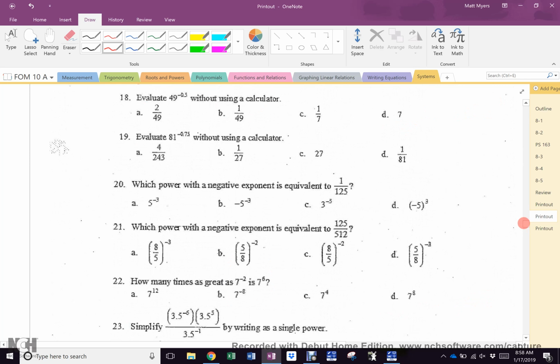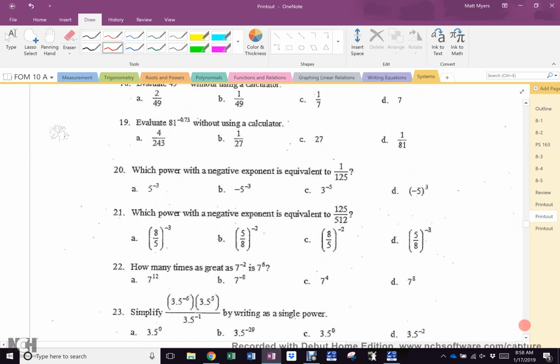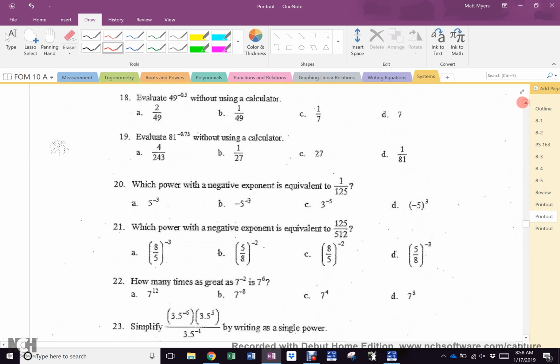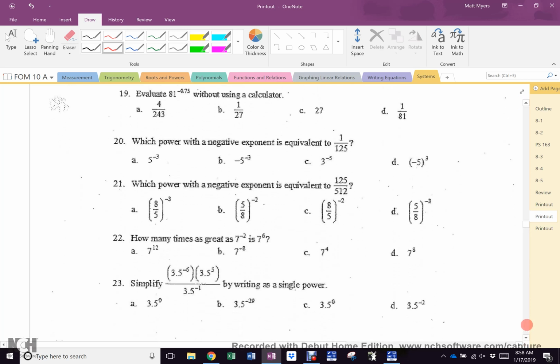18 through 23. What do you notice about that, and that? They're all the same base. So could I write it as x, x, and x? What do I do with these numbers when the bases are the same?